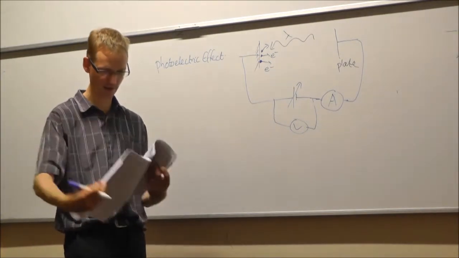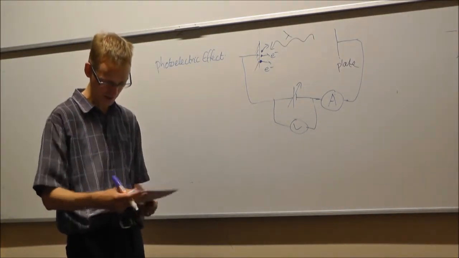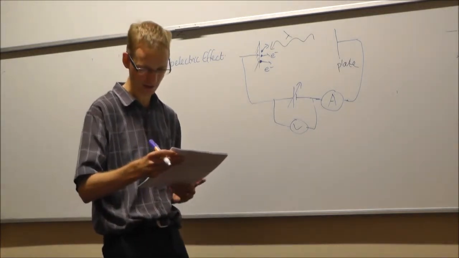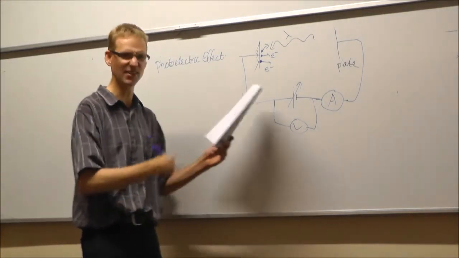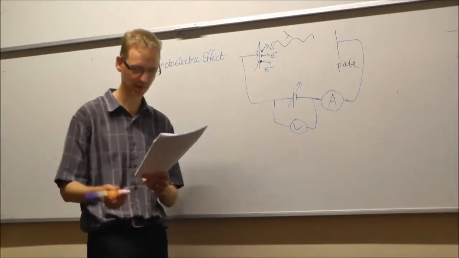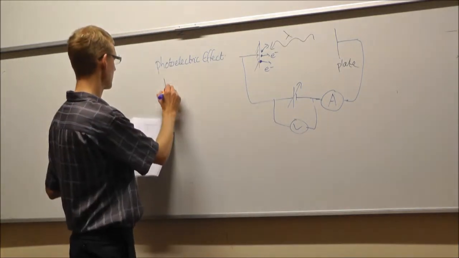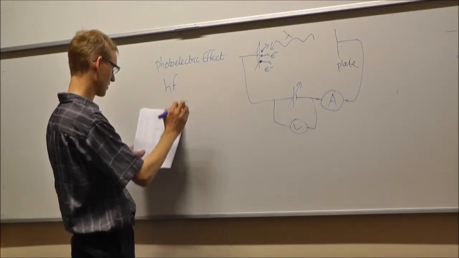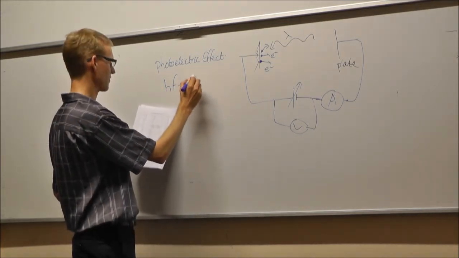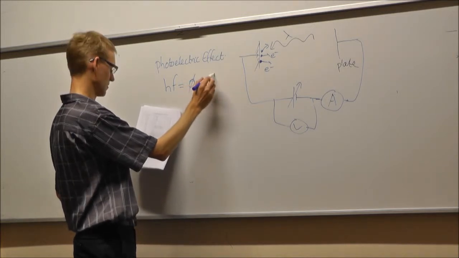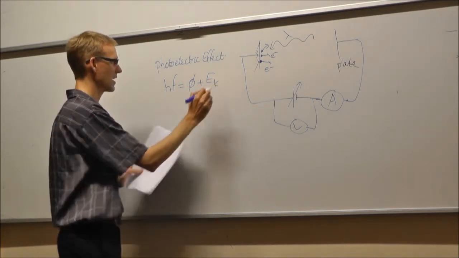I'll just look up in the front to make sure I'm using the same symbols that you're used to, because at university you often use different conventions. But here's our photoelectric equation: hf equals phi plus EK.